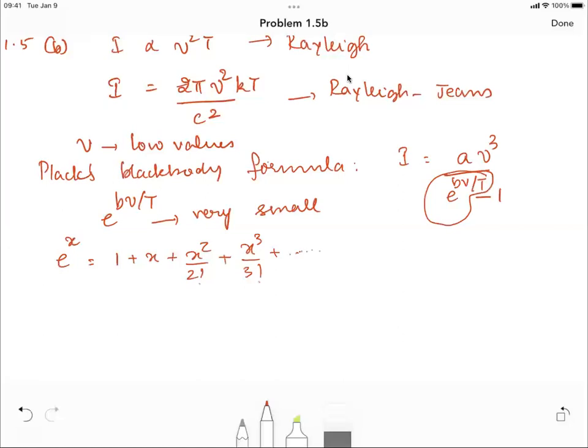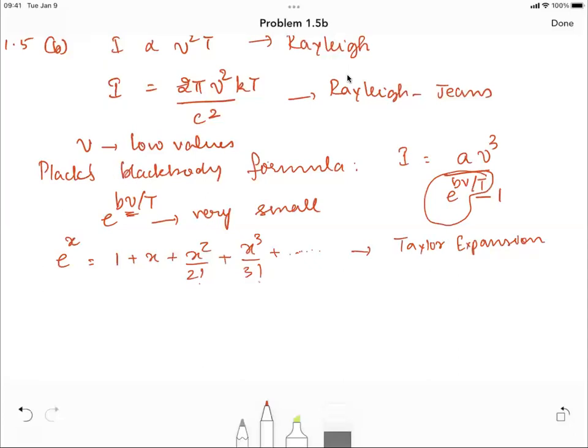This is an infinite sum. Now we know very clearly that the frequency nu is very small.